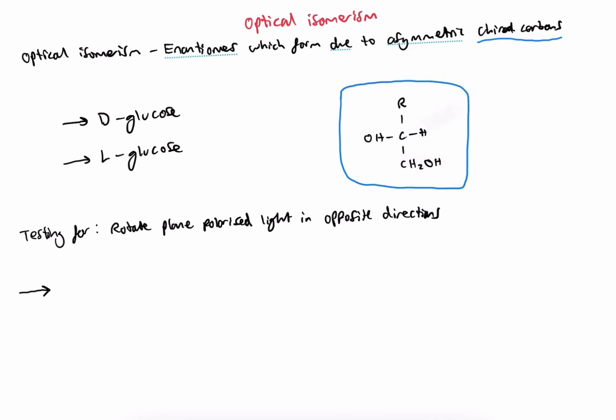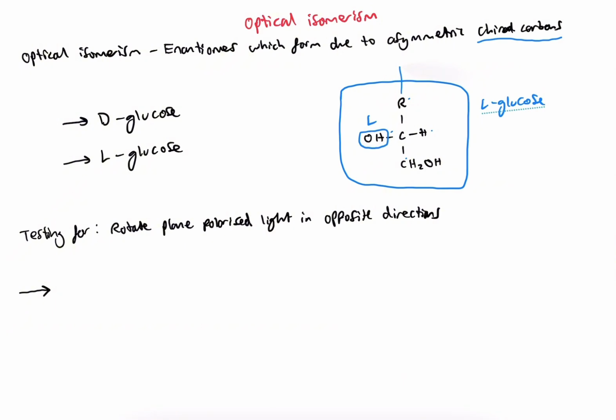Now this is the final chiral carbon, which is the second last carbon in the chain of L-glucose. And L-glucose, remember, because we have the hydroxyl group on the left. So this here is L-glucose. And as you can see, we have 4 different groups: one here, one here, one here, and one here.